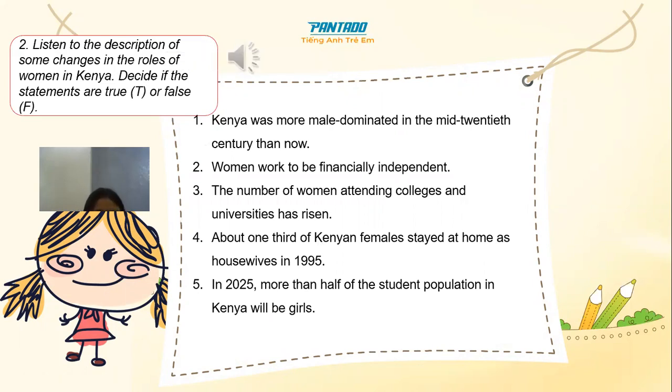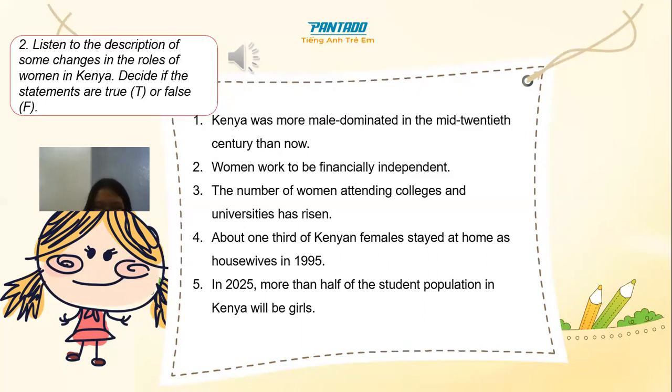Activity 2. Listen to the description of some changes in the roles of women in Kenya. Decide if the statements are true or false. Back in the mid 20th century, Kenya was a more male dominated society compared to today. Men were ahead of women in both education and employment, but the situation has changed a lot since then. More and more women work these days. They earn to support their families as well as to be financially independent. More women study nowadays. Higher education has witnessed a great rise in the number of women attending colleges and universities.